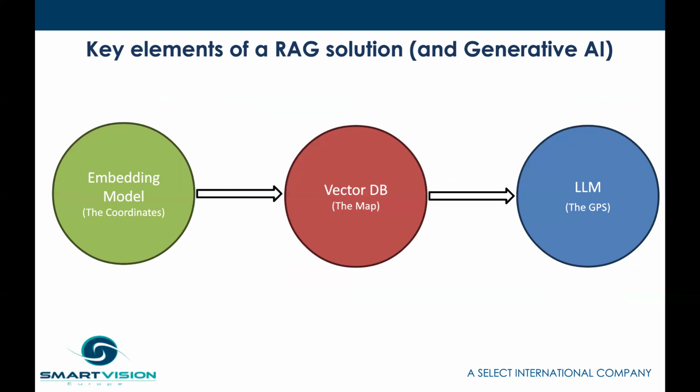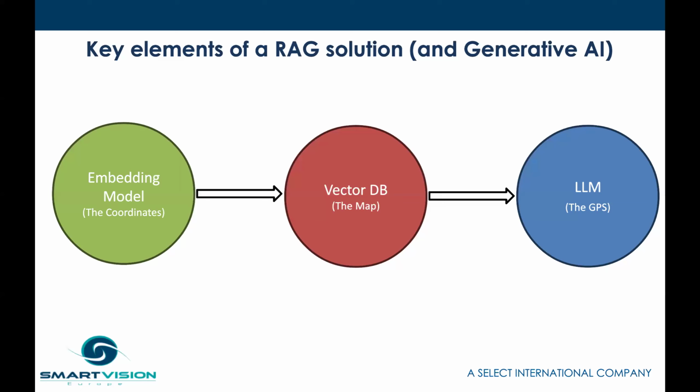So these three elements you'll see referred to are the embedding model, which you can think of as the thing that creates the coordinates, the vector DB, which is very much the map of all of the data that's been produced, and the LLM at the end, which is the GPS system that navigates the map.